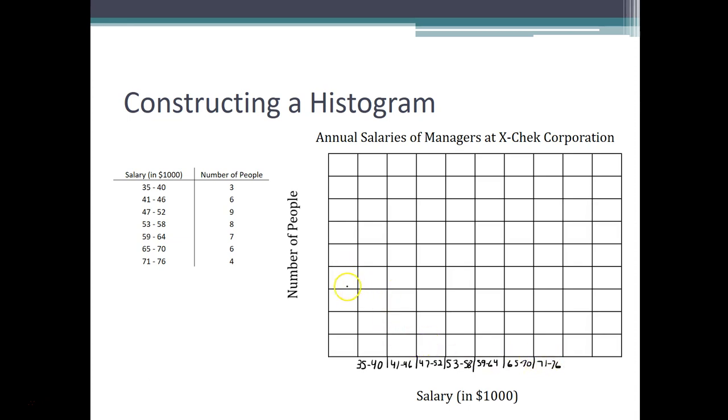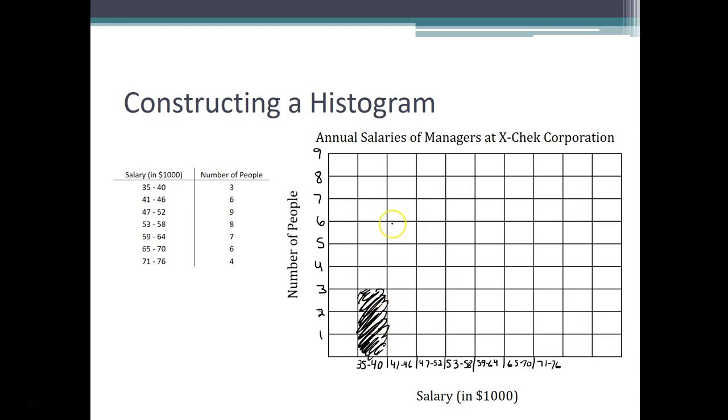Okay, so 35 to 40 had 3 people. Let's mark this as 1, 2, 3, just by ones, 4, 5, 6, 7, 8, 9. So 35 to 40 had 3 people. So that bar is going to go all the way up to 3 right there.